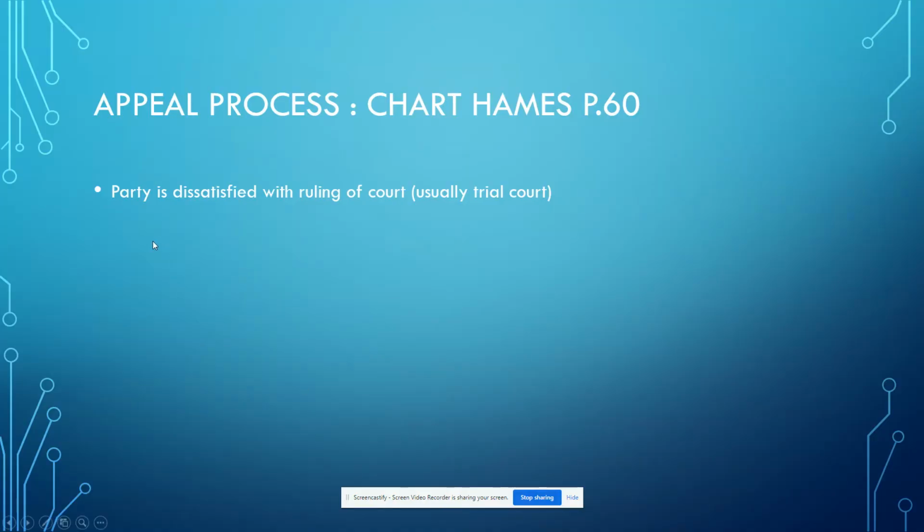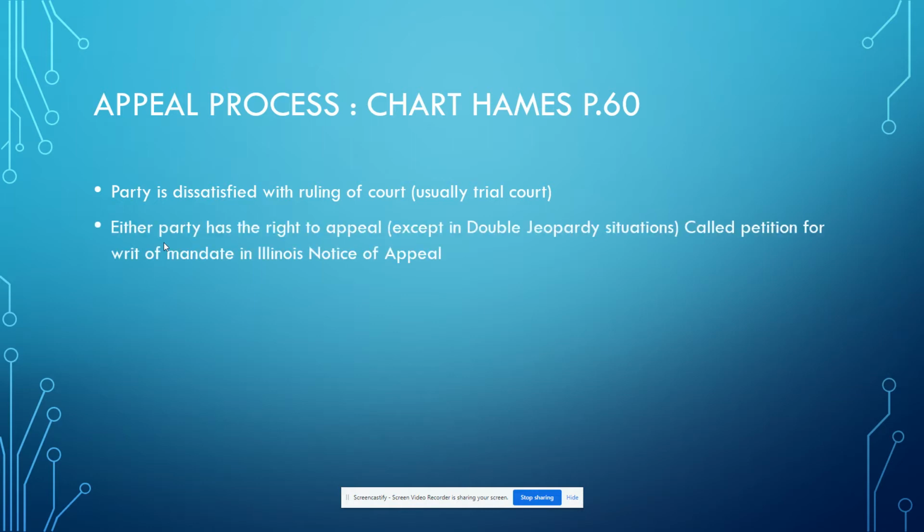So, there's a party, there's a case, and there's a judge's ruling, and one of the parties is dissatisfied with the legal ruling of the court. Usually, this is in the trial court, and a party will have the right to appeal. Now, the time where a party does not have the right to appeal is in a double jeopardy situation.